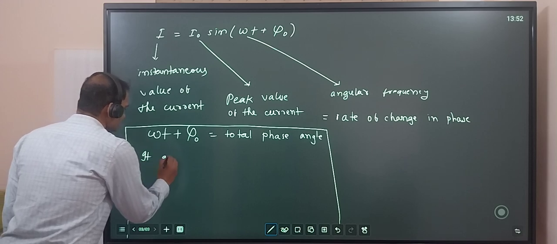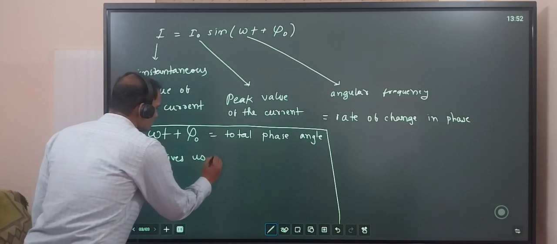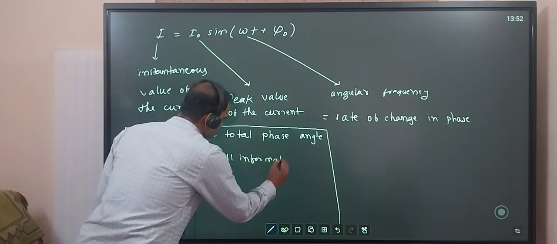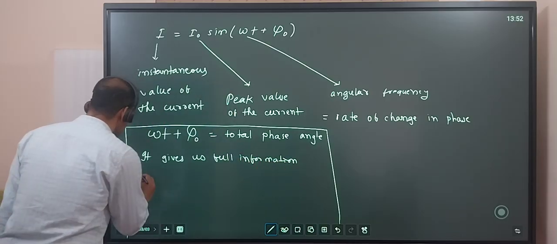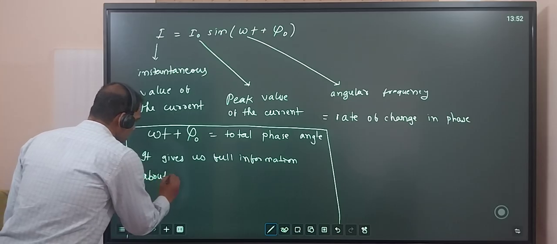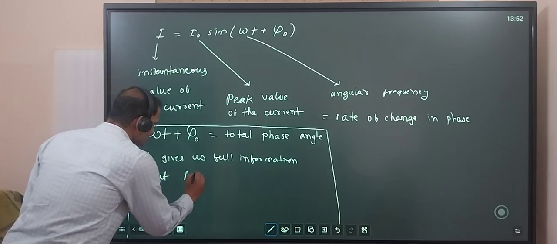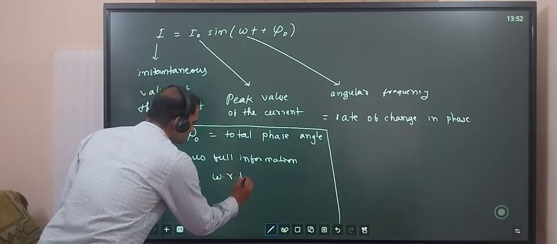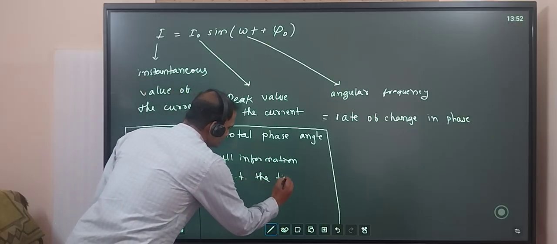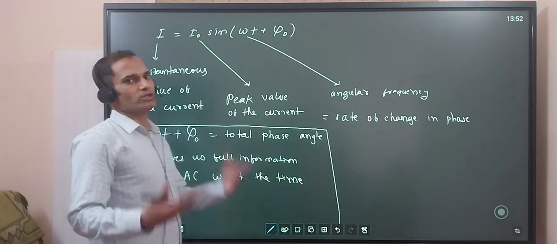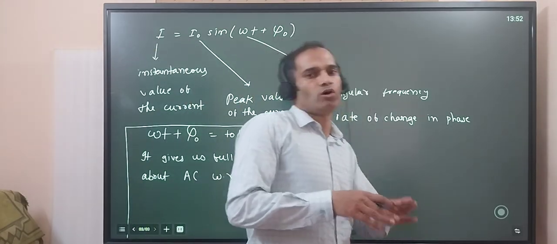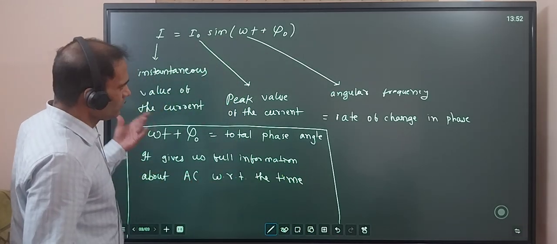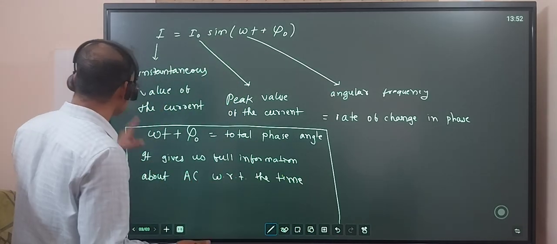It gives us full information about AC with respect to the time. I mean, if you know the value of the time, you know all information about the current. How, we will also see this part.